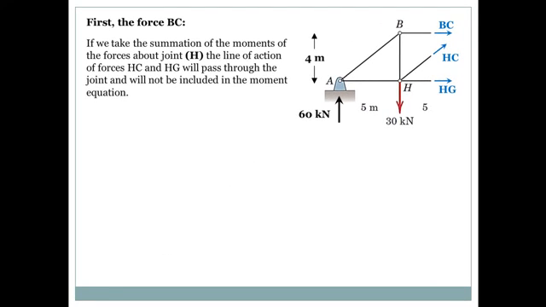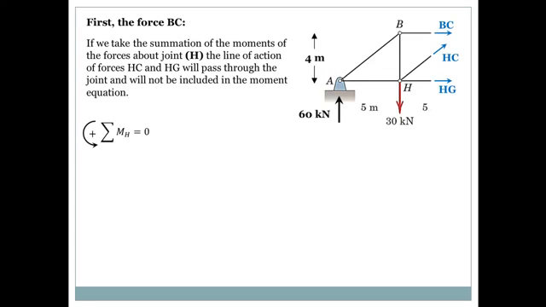If we take the summation of the moments of the forces about joint H, the lines of action of forces HC and HG will pass through the joint and will not be included in the moment equation.